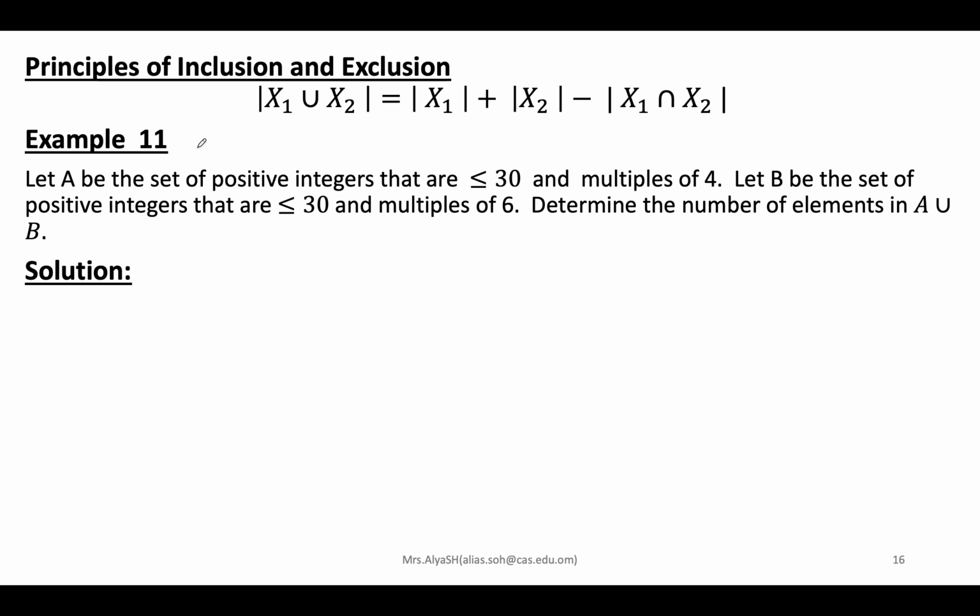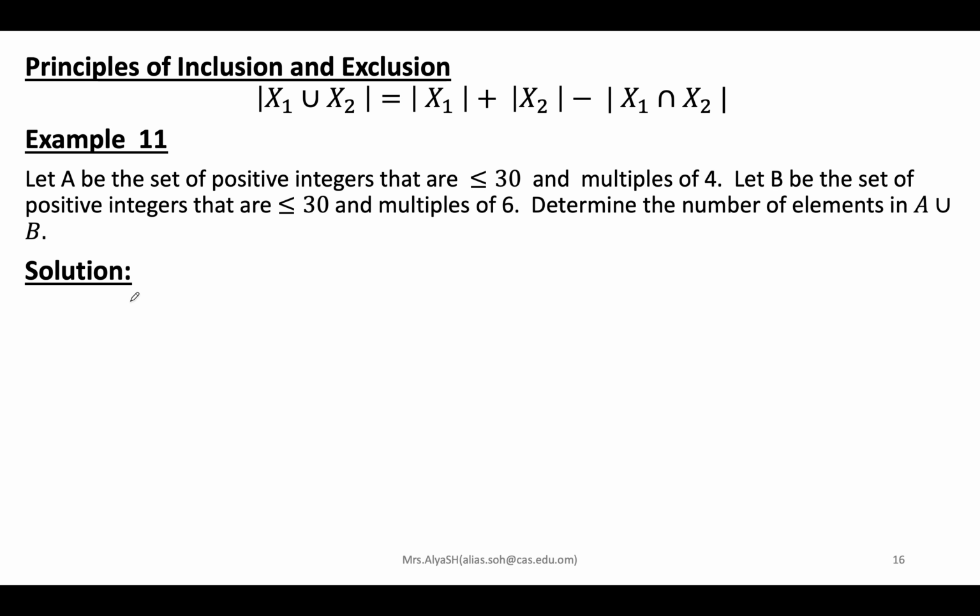Here the example will explain this principle more. So let A be the set of positive integers that are less than or equal to 30 and multiples of 4, and B be the set of positive integers that are less than or equal to 30 and multiples of 6. Now we need to determine the number of elements in A union B.